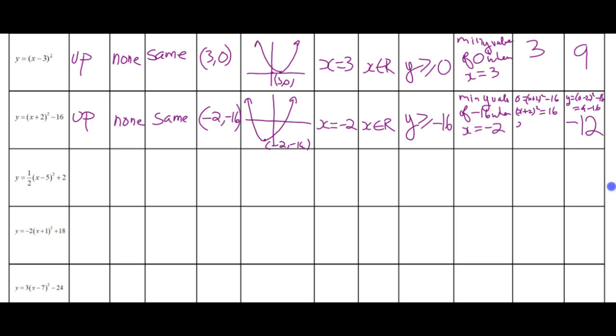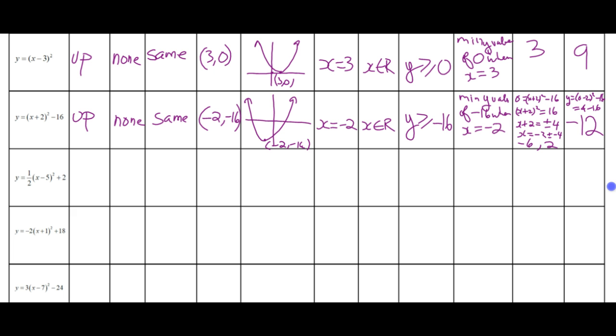So x plus 2 is equal to plus or minus 4. So x is negative 2 plus or minus 4. Negative 2 plus negative 4 is negative 6, and negative 2 minus negative 4 is positive 2.